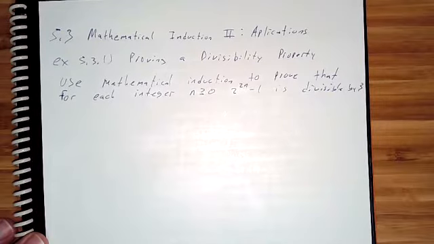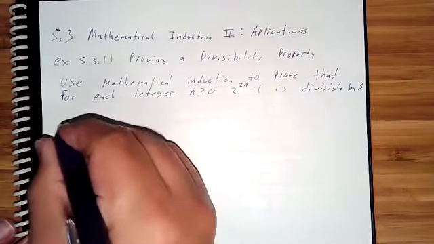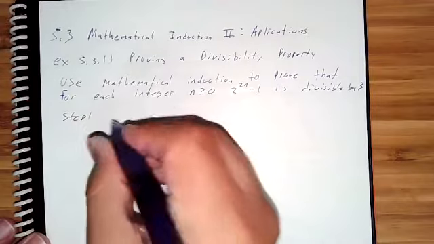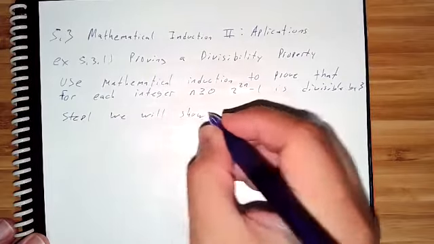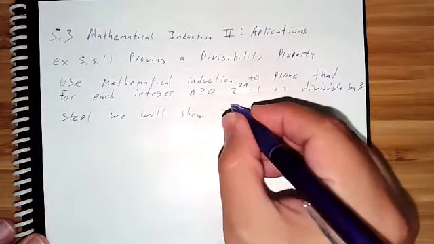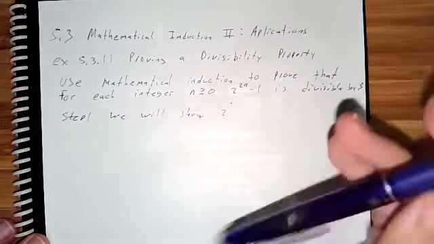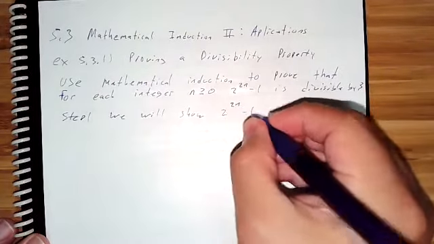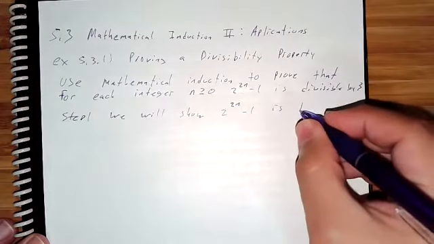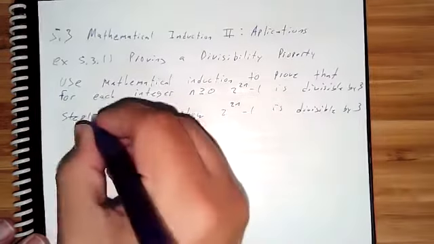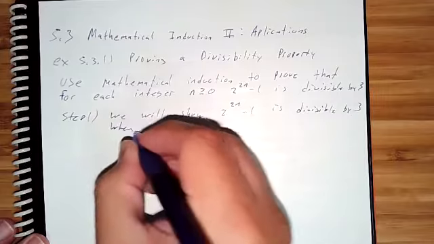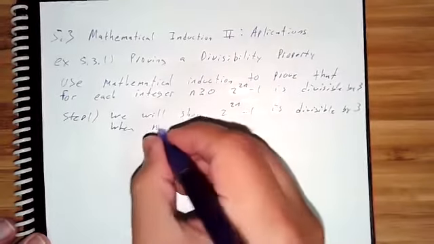So let's use our step 1, right? So step 1, we will show 2 to the 2n minus 1 is divisible by 3 when n equals 0.